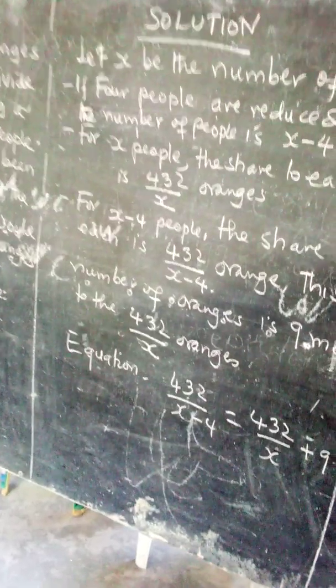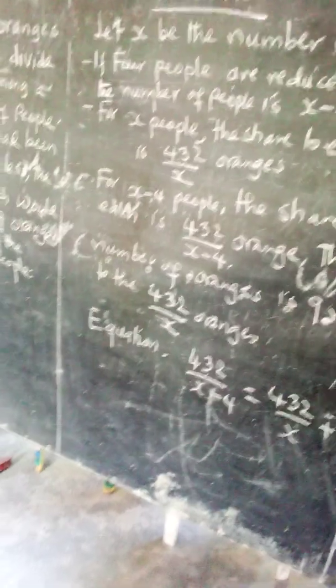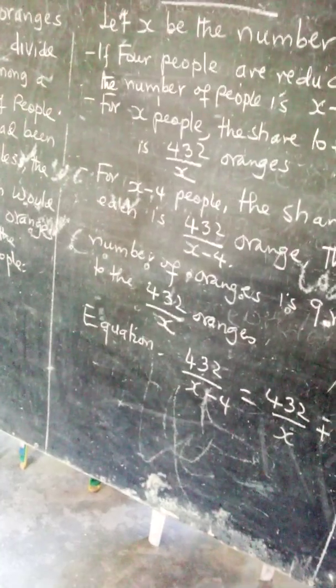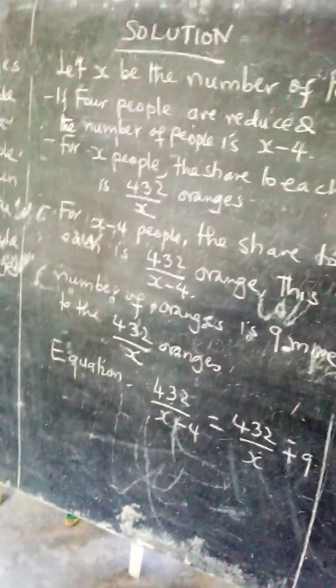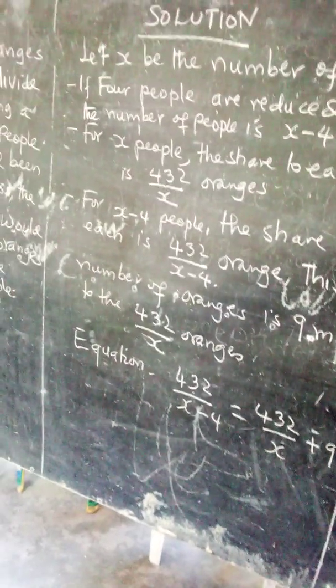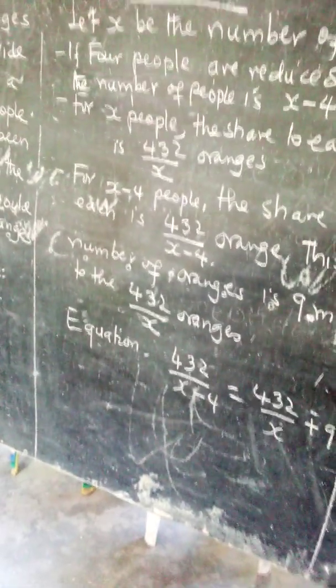And if the number of people is x minus 4, the share of each will be 432 divided by x minus 4. Then that will be the number of oranges each one will get. Now, how are those two expressions related to each other?